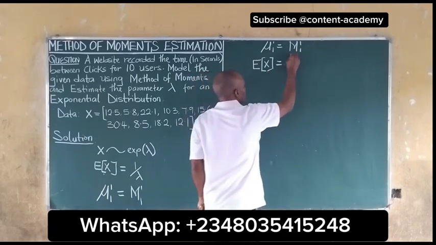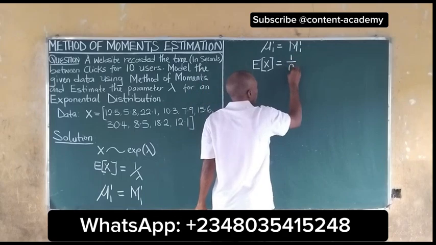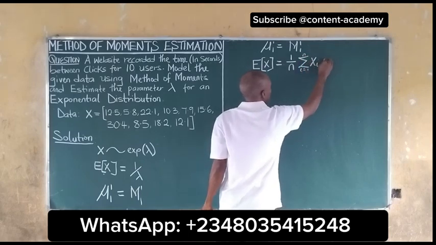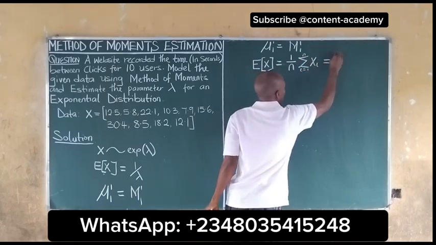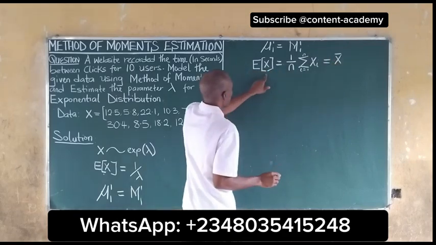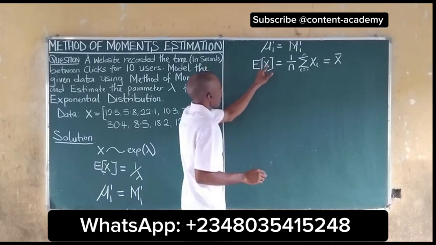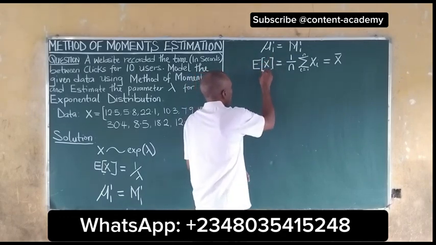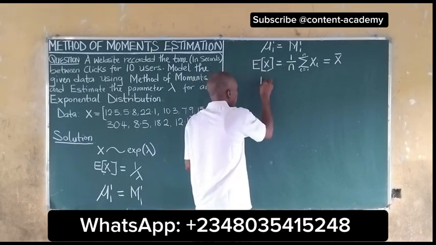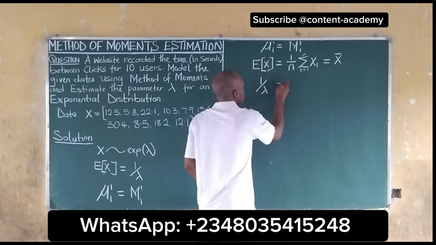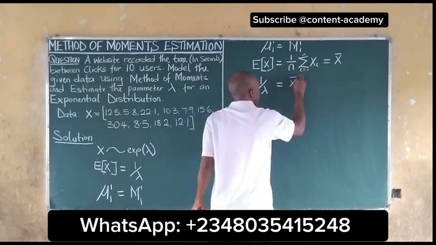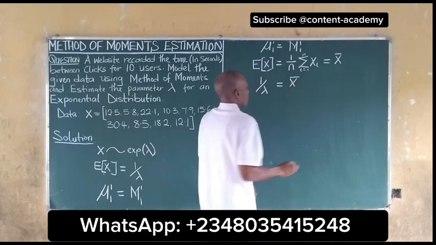What is the sample mean? It gives us 1 over n summation of xi, and this thing here means x bar. So for our method of moments for an exponential distribution, we have our expected value, 1 over lambda, to be equal to our x bar. That is what we get if we are estimating it.